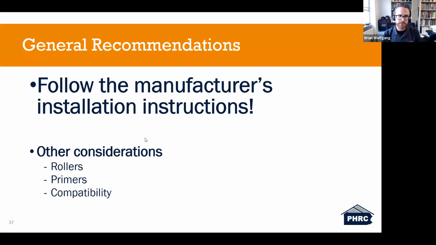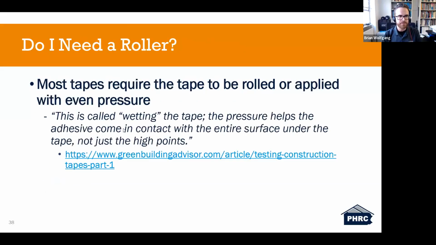But some other considerations here. For installation, we've been seeing more and more of an emphasis on how it's being installed in terms of pressure sensitive application with rollers. We'll talk about that. I want to talk a little bit about primers, and I want to talk a little bit more in depth about compatibility.